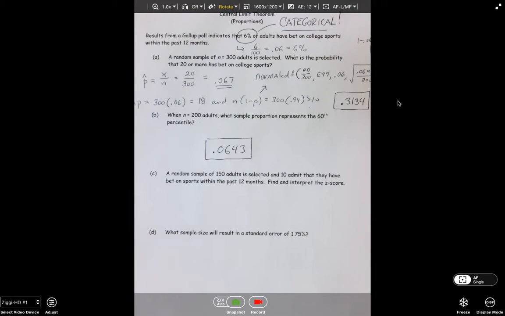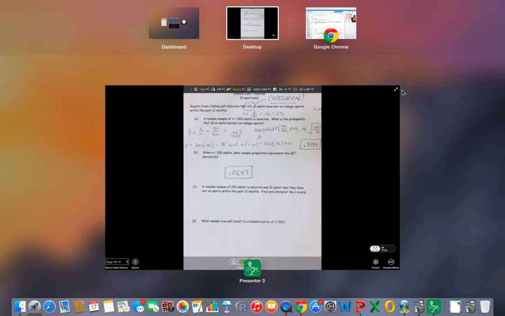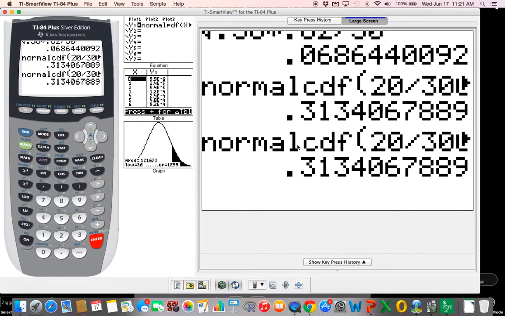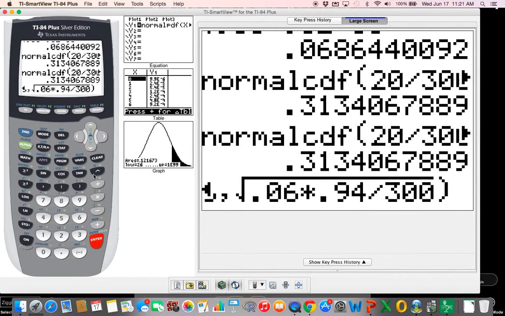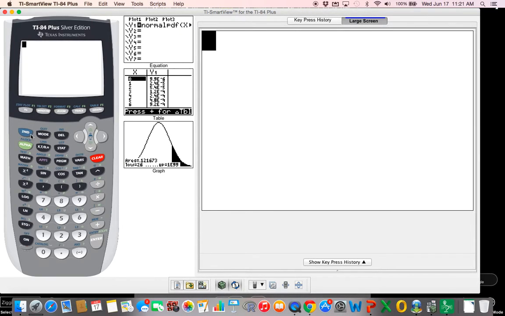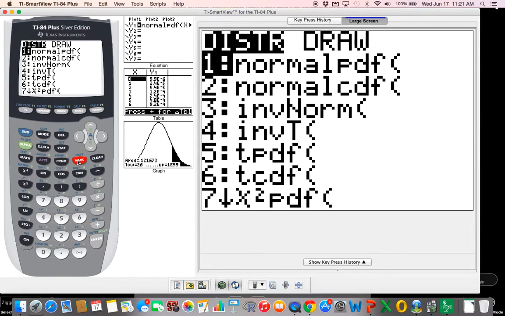Now, if you're on a test and you'd like to examine that to see if it's realistic, well, let's test it out. What we would want is the area under the curve to the left.